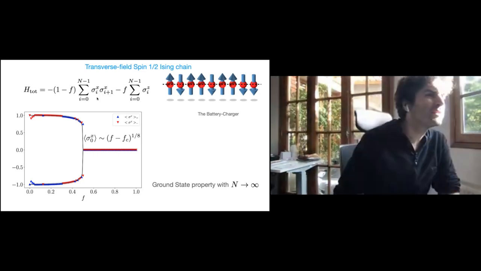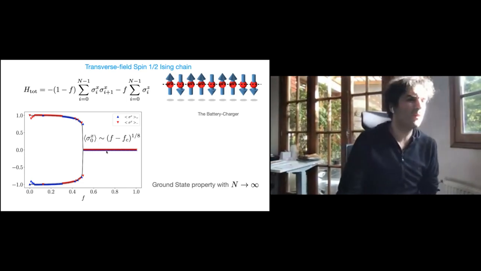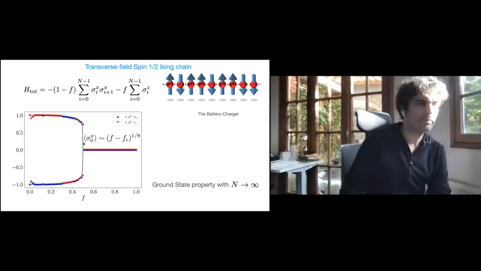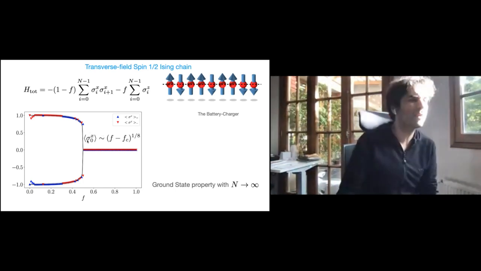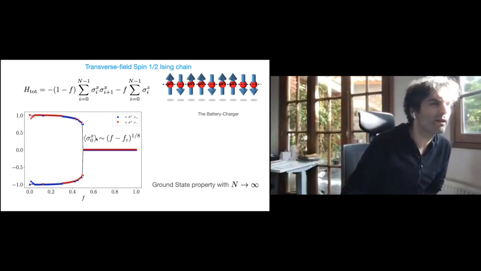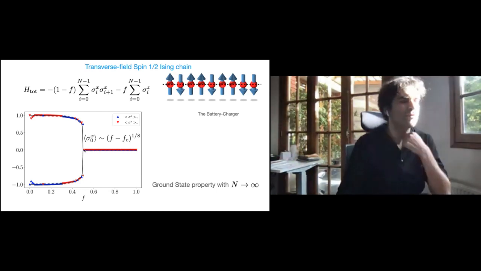This Hamiltonian is known to present a quantum phase transition. So if we consider as an order parameter the longitudinal magnetization, it is 0 if F is larger than 1/2.